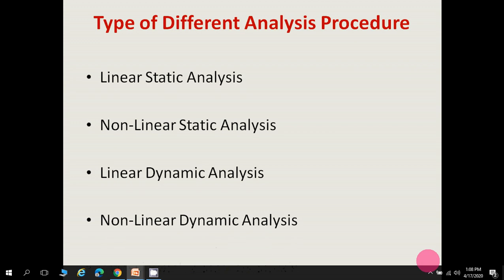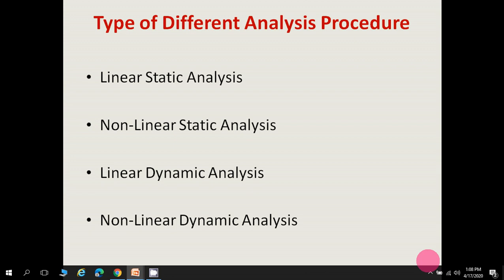The difference between static and dynamic analysis is that dynamic analysis is a function of time. In dynamic analysis, it is considered that excitations or vibrations will be generated within a short duration of time. If this happens, then dynamic analysis will be preferred.